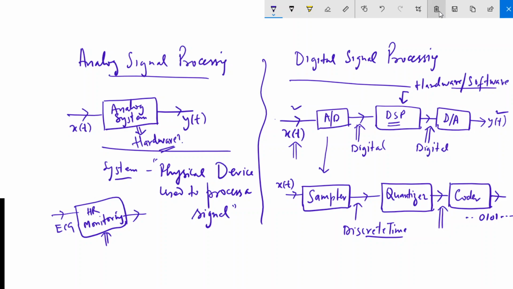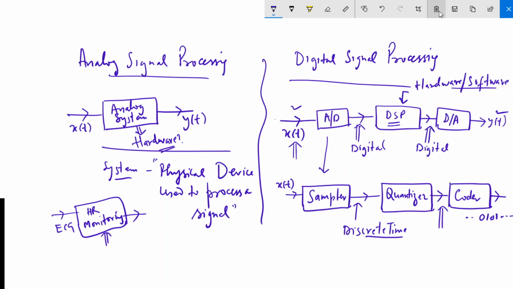When you use analog signal processing to process any signal, you have to design a hardware for that analog circuit. But when you want to process an analog signal using digital signal processing, first you need to convert it into a digital format using the A to D conversion, which contains sampling, quantization, and coding.